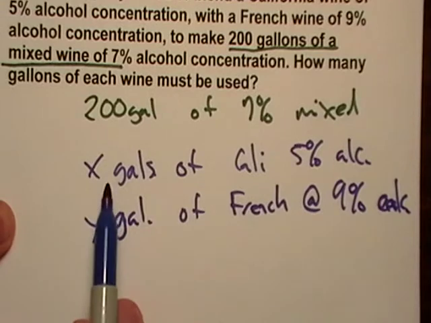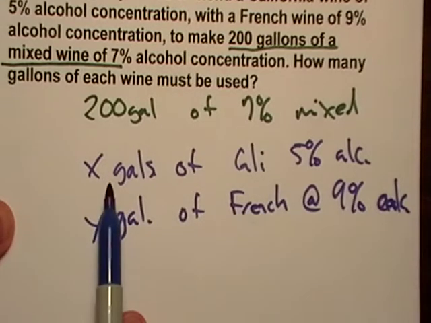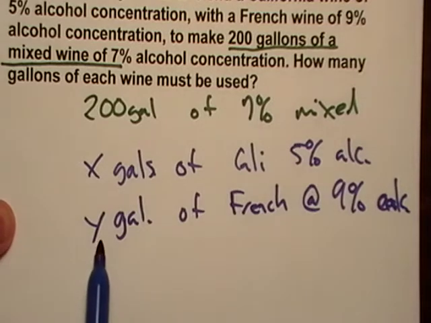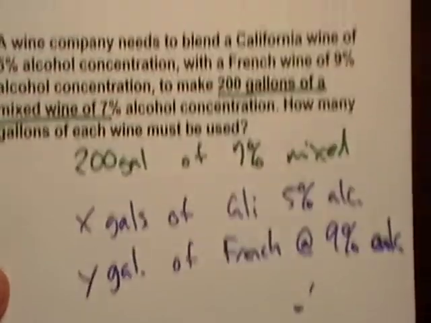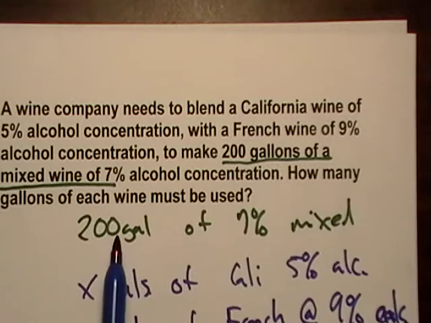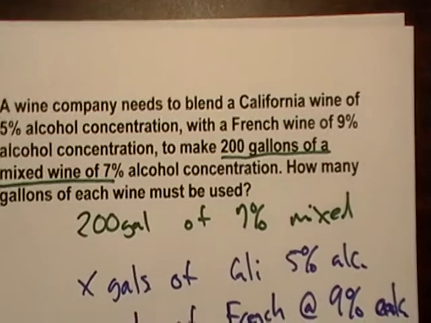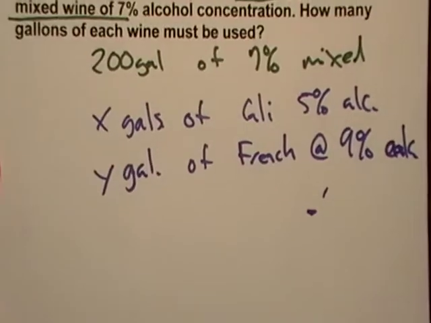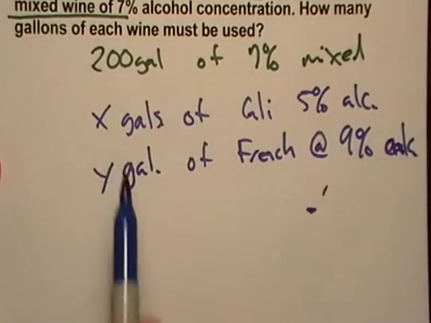Okay, so that's how I'm going to do this. I'm going to take X gallons of 5% wine plus Y gallons of 9% wine, and I'm going to get 200 gallons of 7% wine. So let's just build an equation out of this. This is everything we need to know right here.